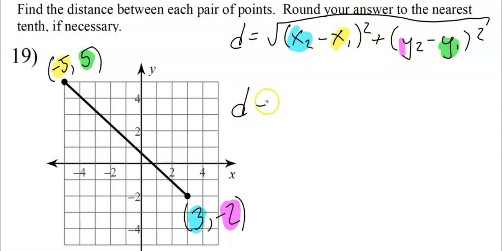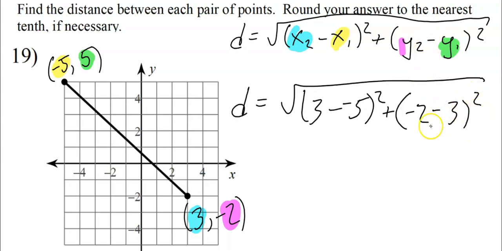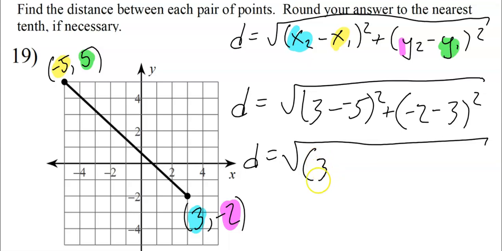Okay, so let's plug in. Distance equals the square root of, parentheses, blue, 3 minus yellow, minus -5. Square that. Plus magenta, -2 minus, comes from the formula, 3, and I'm going to square that. So the distance is, parentheses, 3 plus 5 squared plus -2 minus 3 squared.